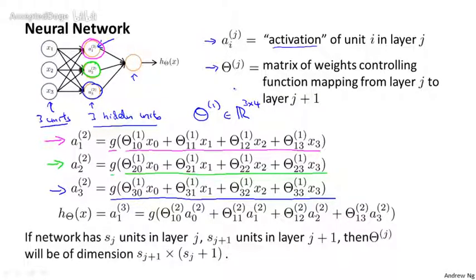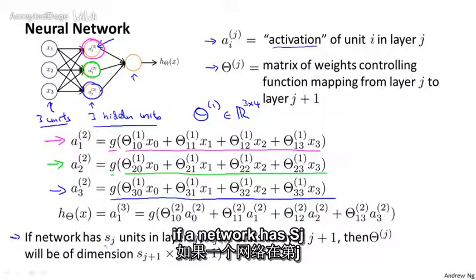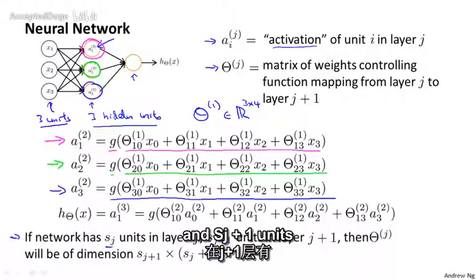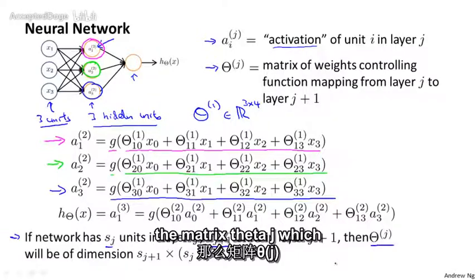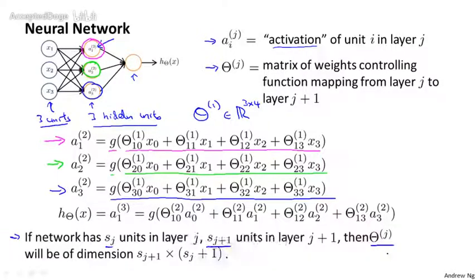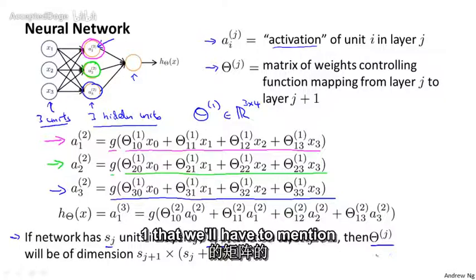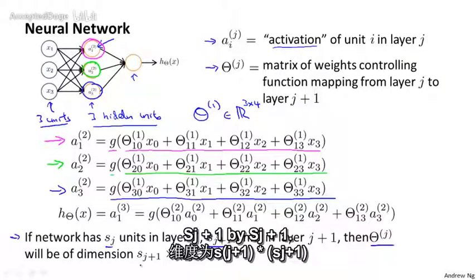And more generally, if a network has sj units in layer j and sj+1 units in layer j+1, then the matrix theta j, which governs the function mapping from layer j to layer j+1, will have dimension s_{j+1} by (s_j + 1).